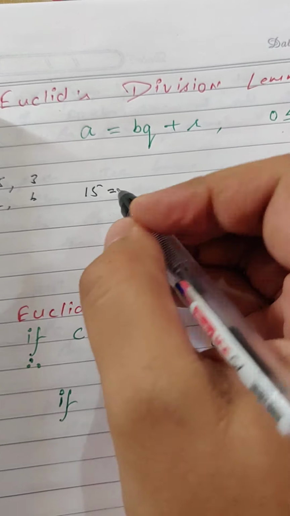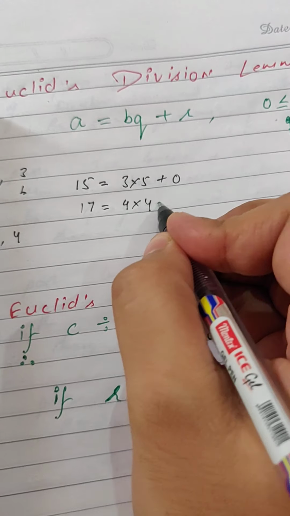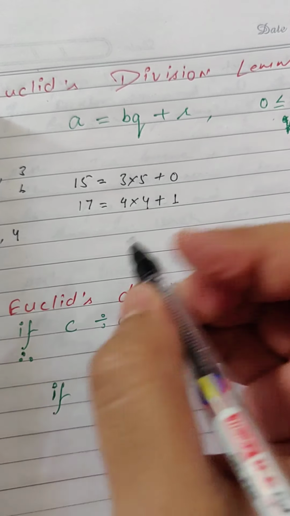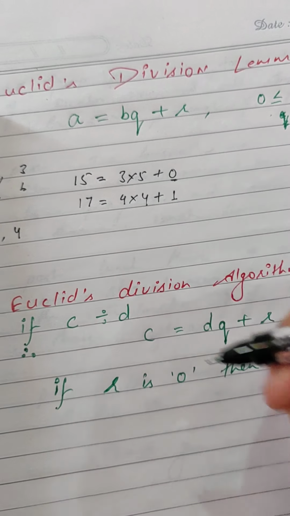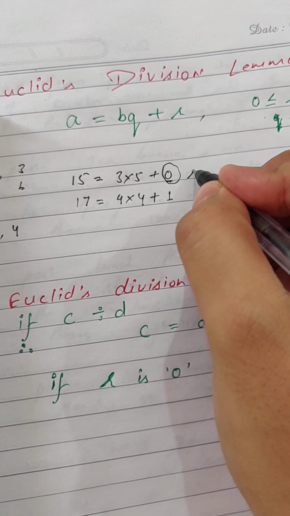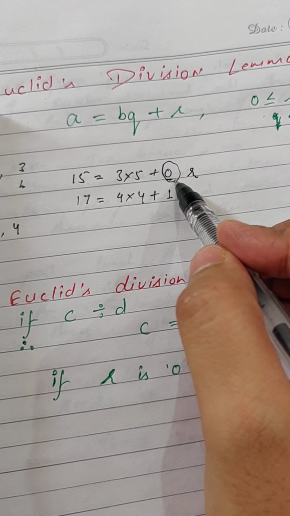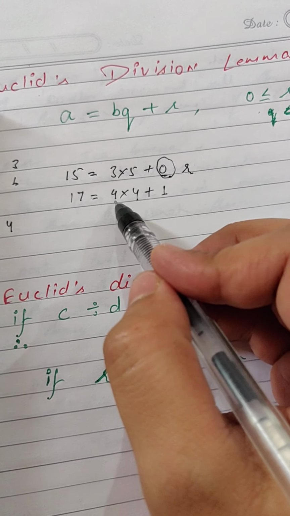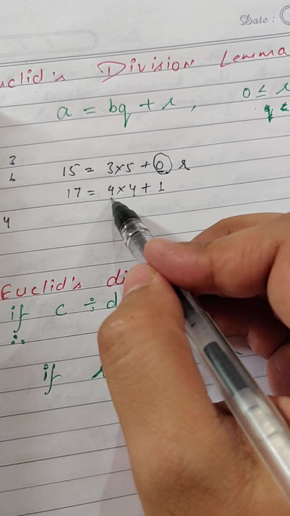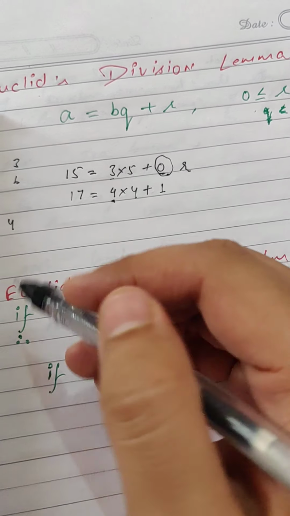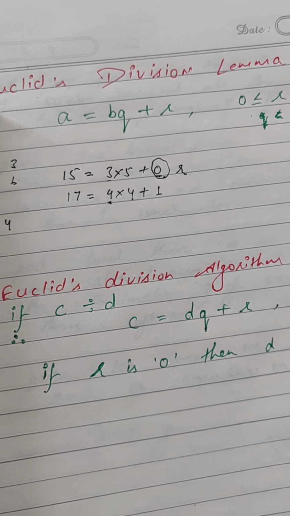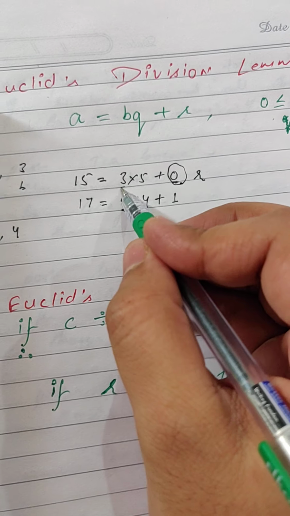So this 17 can be written as 4 into 4 plus 1. So this is r, and that r will always be less than b. That means this is always less than the number which divides it. So in the first case the r will be less than 3.